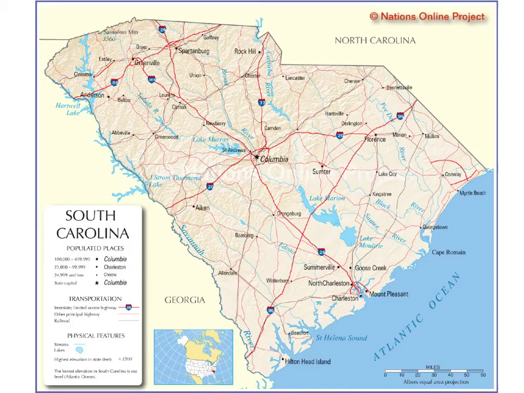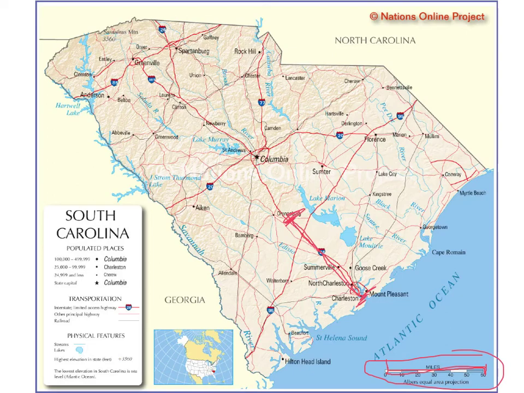With this map of South Carolina, you see the scale down here. So if we were trying to find out how far Columbia was from Charleston, you could get a sheet of paper and put it up against the scale right there, and then mark on the sheet of paper how big it was, and then lay it down right here, and it would take you about there on one repetition of that sheet of paper.